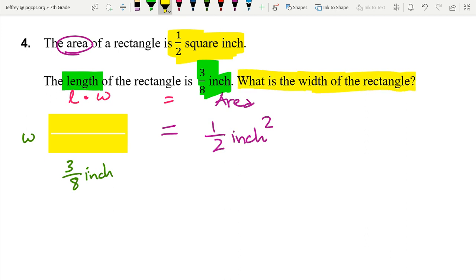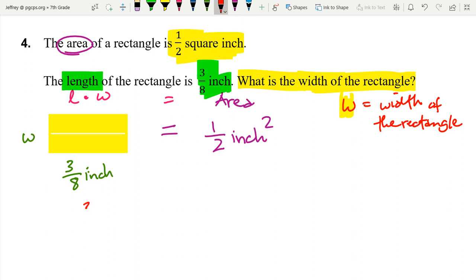So let W represent the width of the rectangle. Always make sure you label your variable.